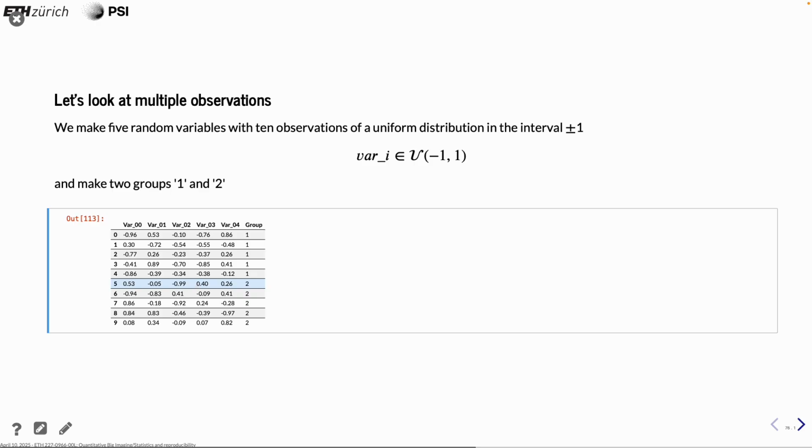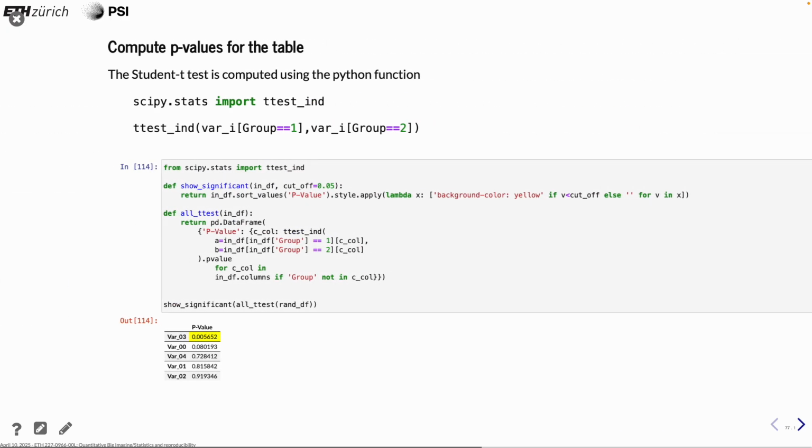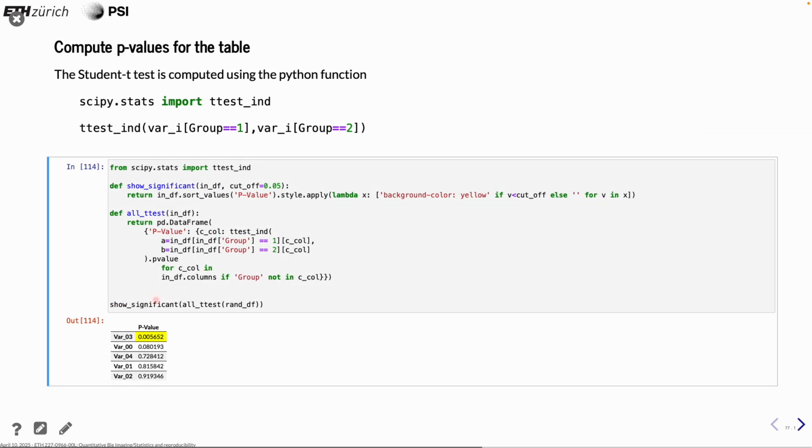Now, all of them come from the same distribution, and we want to see if it detects some differences. And actually it does. It can happen that you sometimes go below the threshold value, but otherwise it's actually quite likely that it is the same.